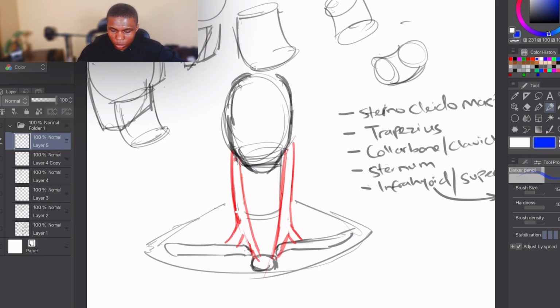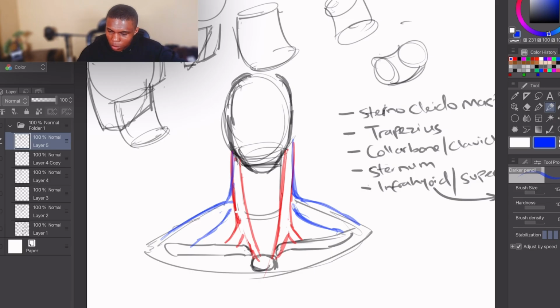These are the two most important muscles people look at whenever they are looking at the muscles of the neck, essentially. This comes here like this, and over here we have our neck.